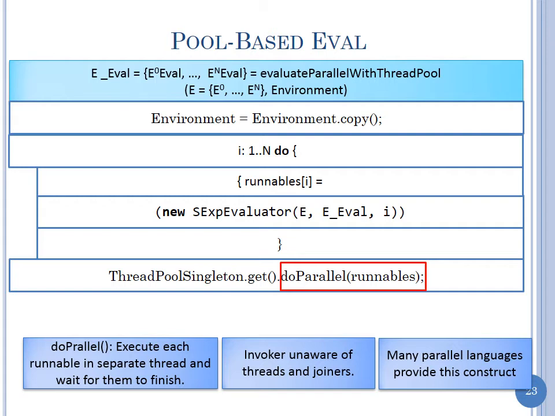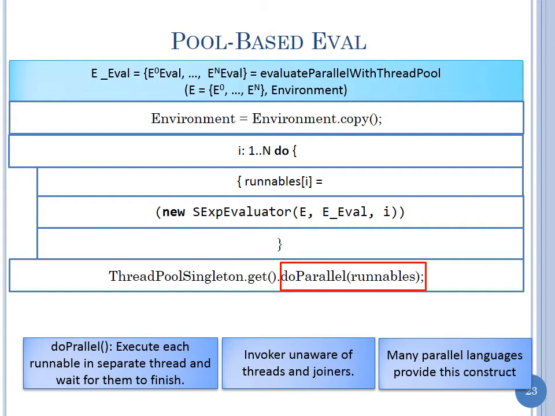There's a lot of separation of concerns now that we are reusing threads. That's the goal here. The code that's doing eager evaluation figures out which expressions have to be evaluated, and creates a bunch of runnables, which represent a piece of work that evaluates an expression.